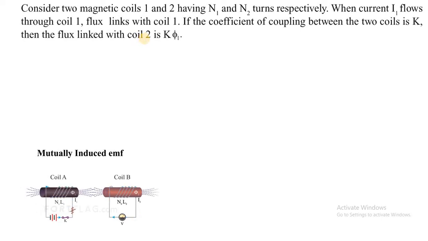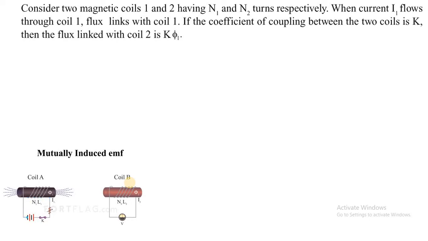I will repeat again. Coil A is carrying the current I1. This I1 has developed the flux phi 1, which has 100 flux lines.